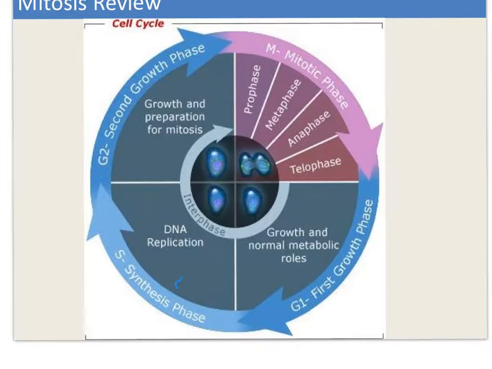If a cell is going to divide and replicate, it needs a signal first, which it gets in G1, that institutes or causes the synthesis of all the DNA. So there's now two full copies of the genome in this cell. Cells need energy to replicate.